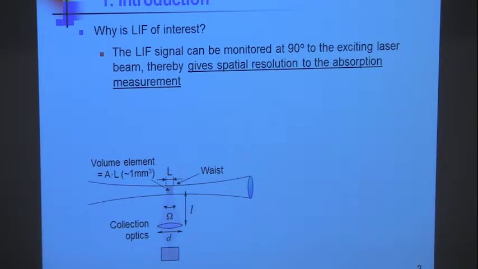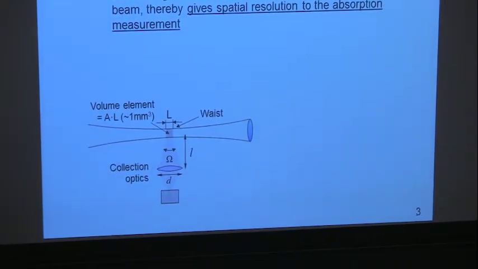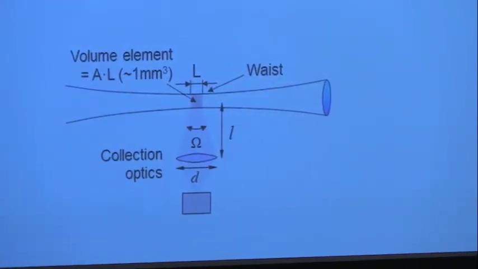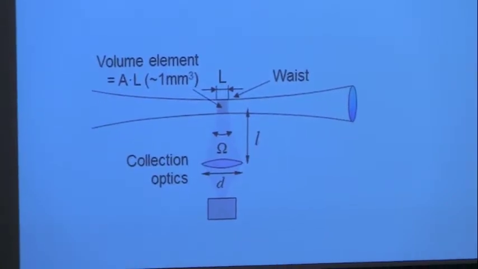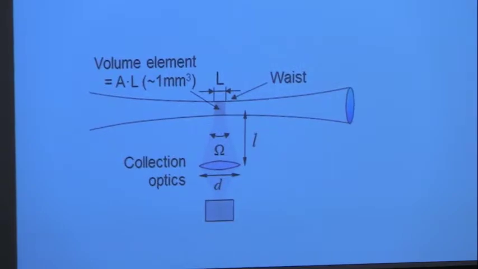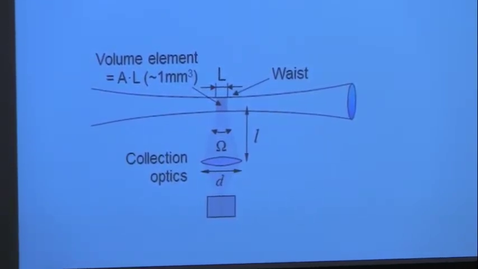And since we only collect omega solid angle, the fraction of the emitted light we collect is omega over 4 pi. So immediately you see we might lose 99% of the emitted light if we do this in this way. So we're now talking about collecting a small fraction of the light, and we're anticipating that of the absorbed photons, only a fraction of those are re-emitted.